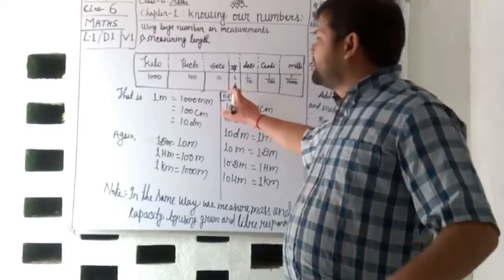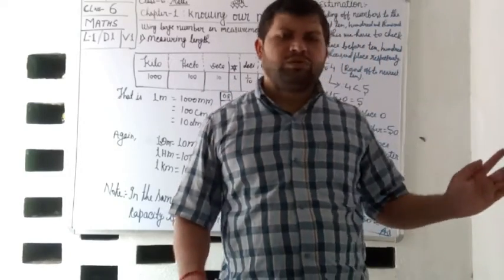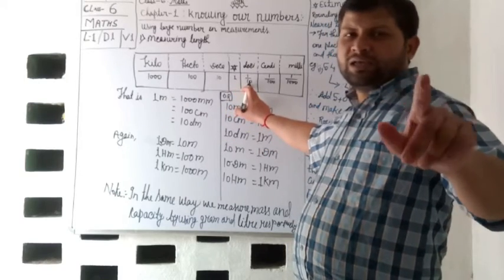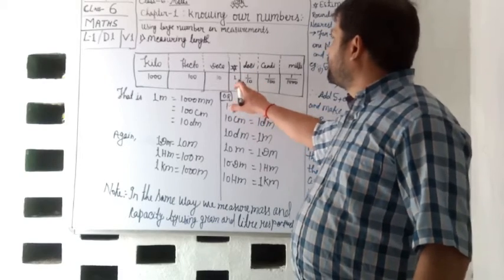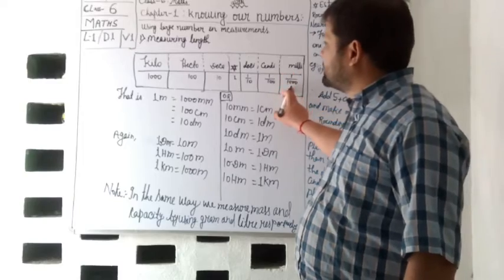If we measure length and move towards the left, then we divide by multiples of 10: for deci 1 by 10, for centi 1 by 100, for milli 1 by 1000.